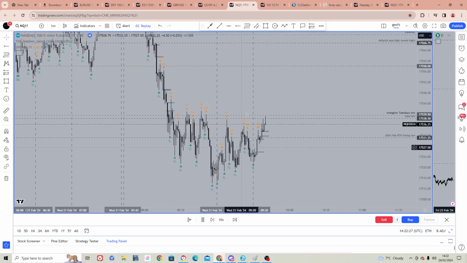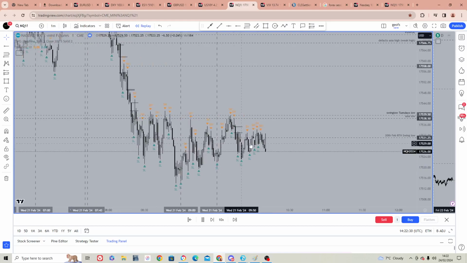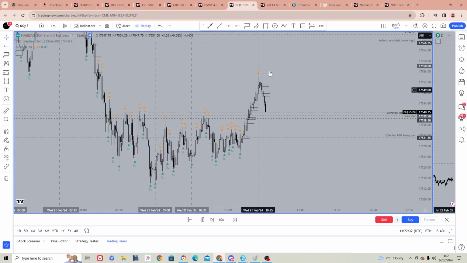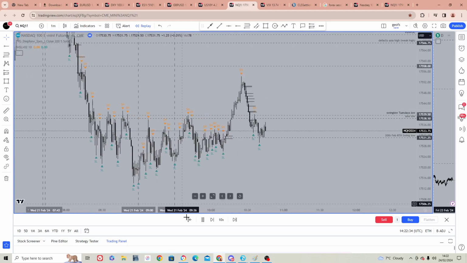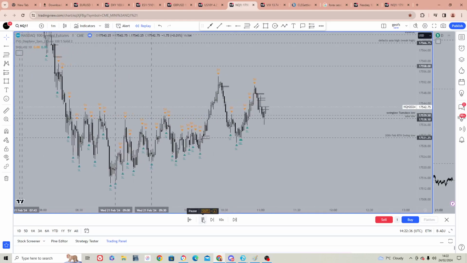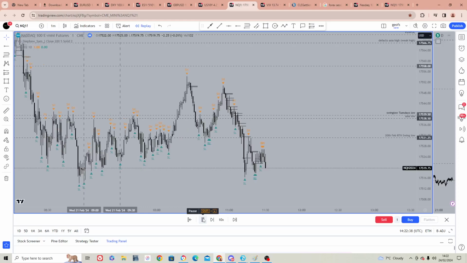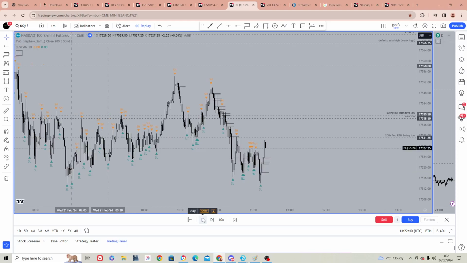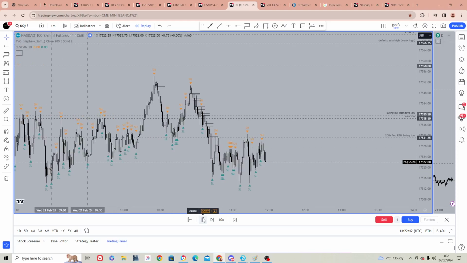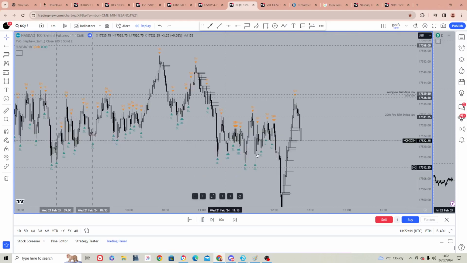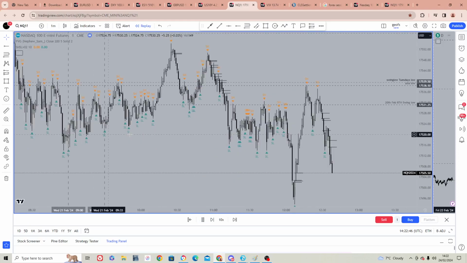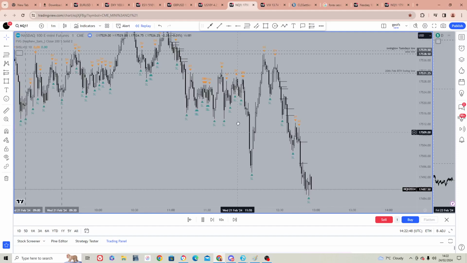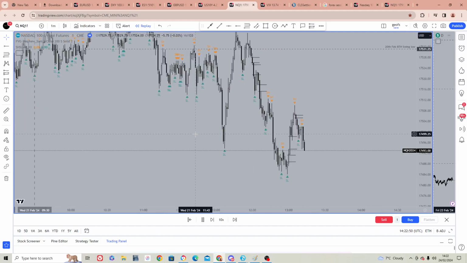This is when we get a bit of consolidation and reversal. You see the market kept hunting and gathering liquidity before it actually makes its move. This is all very deliberate.